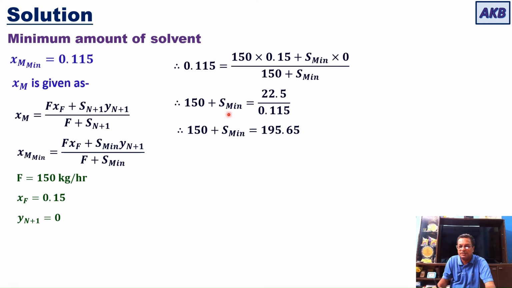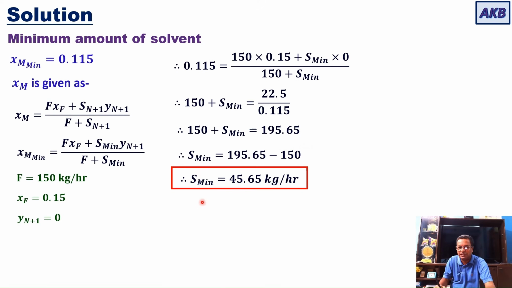So, 150 plus S minimum is equal to 22.5 divided by 0.115, as this term is taken to the other side and 0.115 is brought into the denominator. So, 150 plus S minimum is equal to 195.65. That is, S minimum is equal to 195.65 minus 150, which is S minimum equal to 45.65 kg per hour.